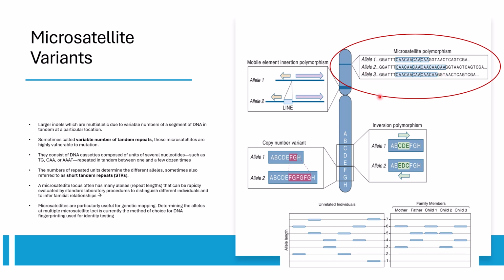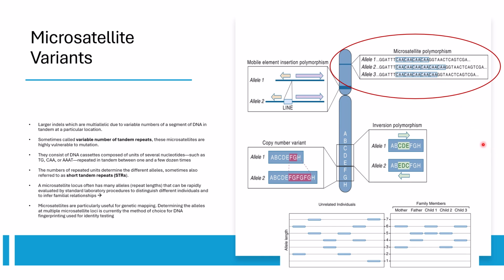For example, the microsatellite locus has 3 alleles with 4, 6, and 5 copies of CAA trinucleotide repeats. The number of repeat units determines the different alleles, and sometimes we refer to these as short tandem repeats.